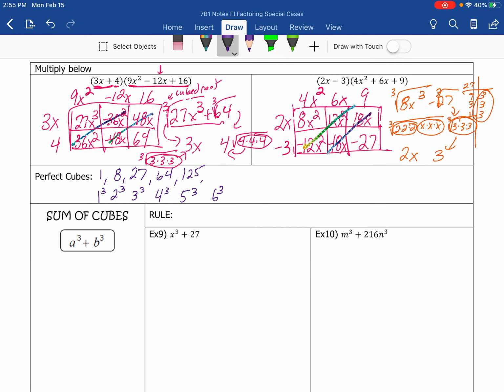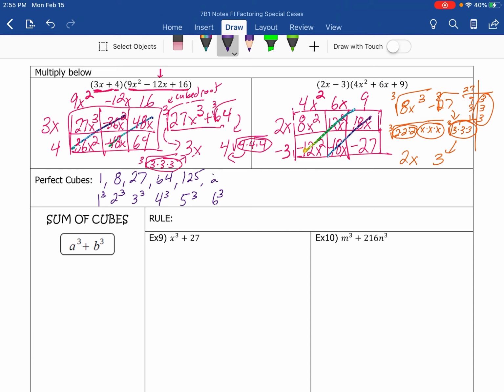But you might want to use this as a cheat sheet. 5 cubed is 125. 6 cubed is 216. 7 cubed is 343. 8 cubed is 512. 9 cubed is 729. And we'll go to 10 cubed, which of course is 1,000.